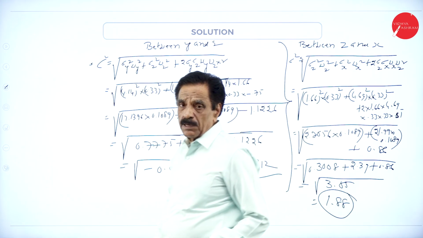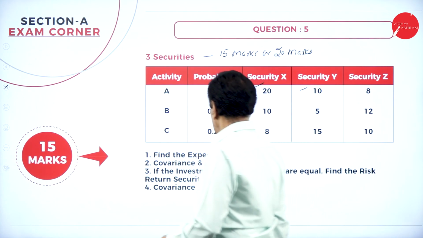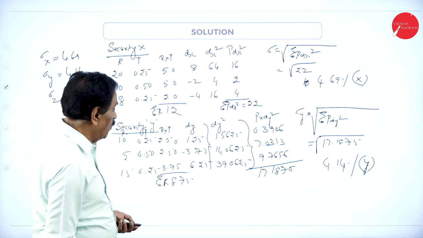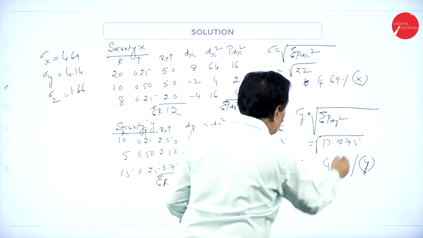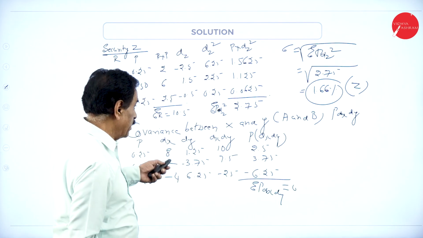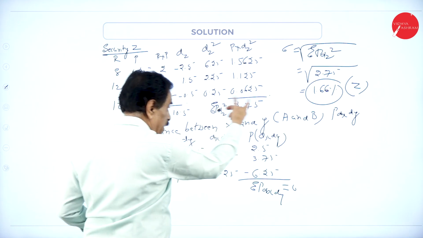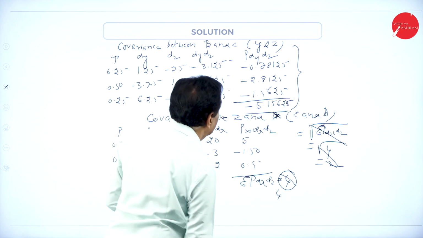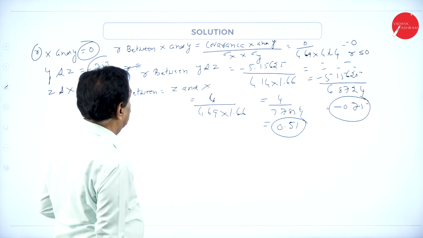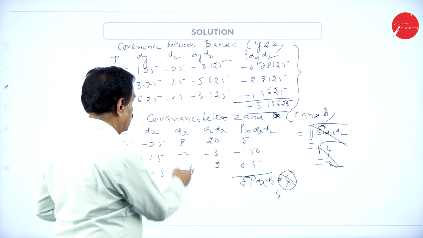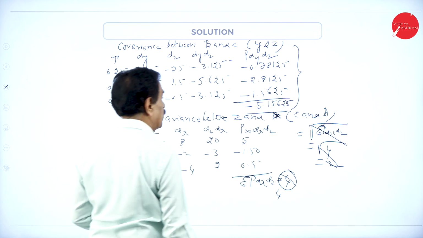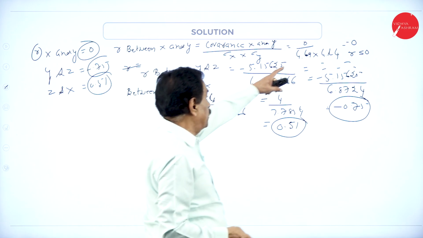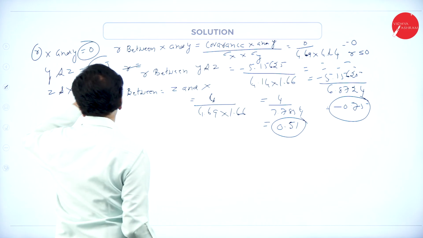It's a very, very lengthy problem. One by one you have solved, because he wants X, Y, Z. We have gone through first the PDX. We'll go one by one. Then we'll have the covariance between X and Y, A and B. Then between B and C, between Y and Z. Between Z and X, there is C and A. Then the covariance between X and Y is 0.